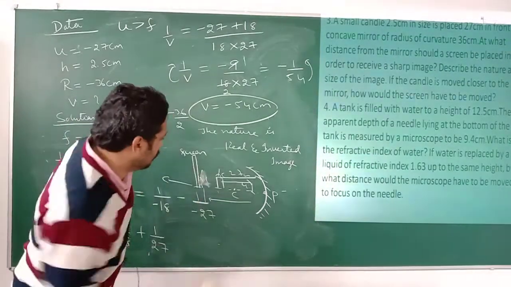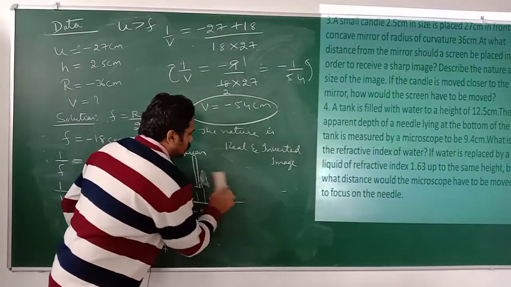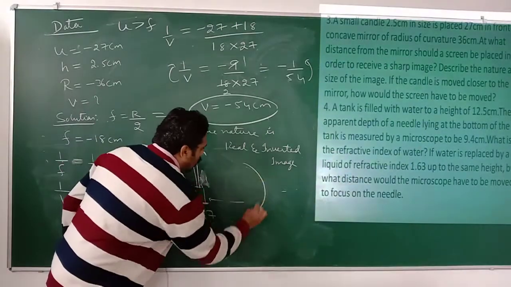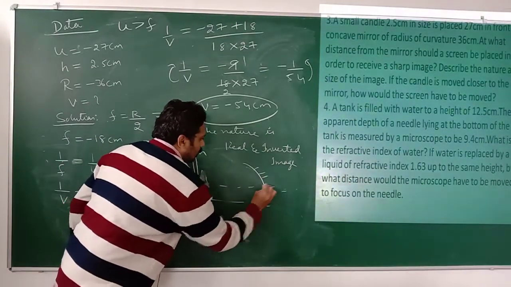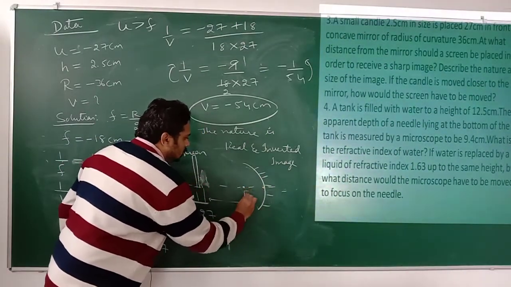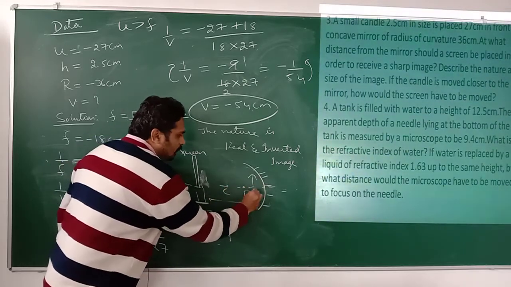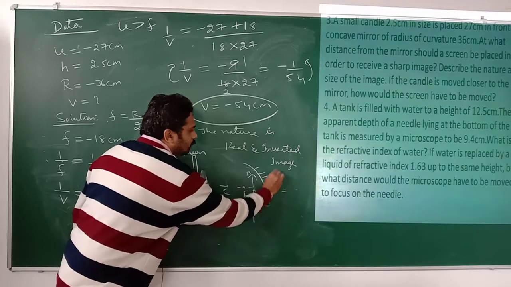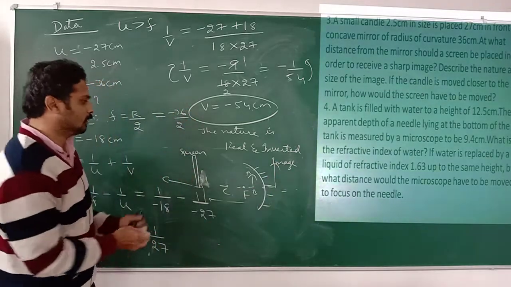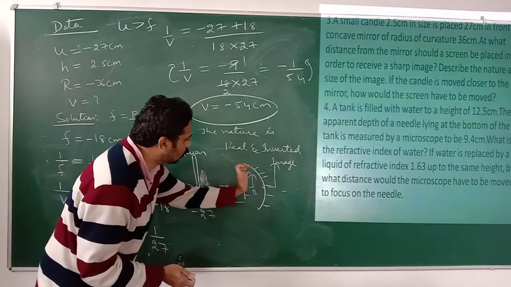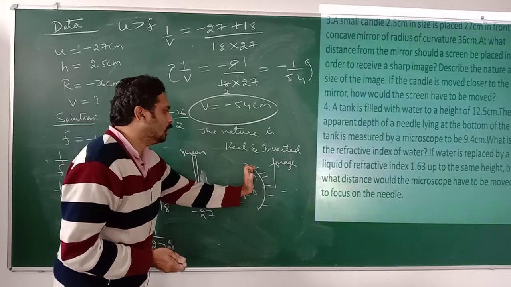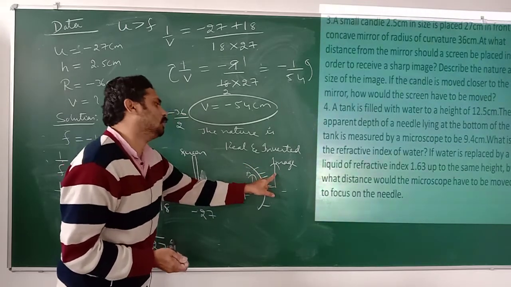Suppose this is the focus, and this is the center of curvature. If you place the object within the focus, we will get a virtual and enlarged image. If the object is very close to the mirror, you see a virtual image.